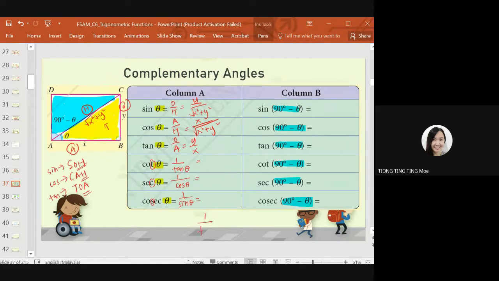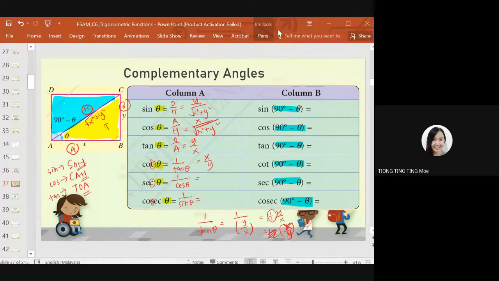Because 1 over tangent theta is 1 divided by y over x. So you flip it, equal to 1 multiplied by x over y. So now you get x over y.